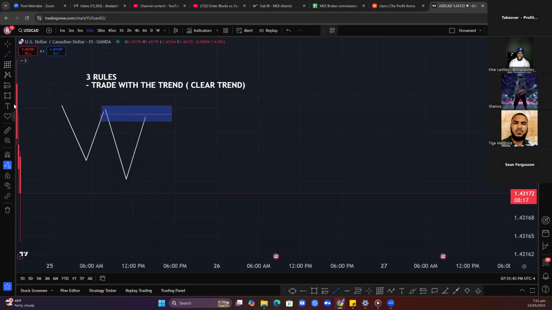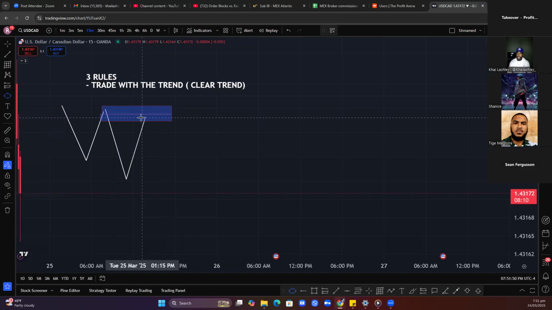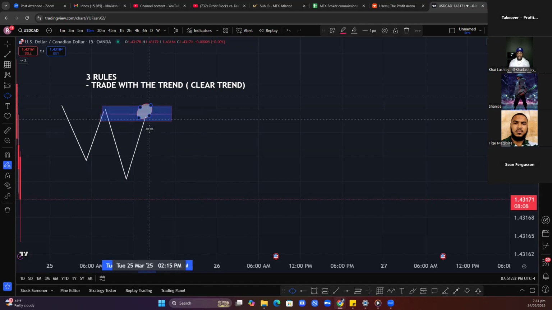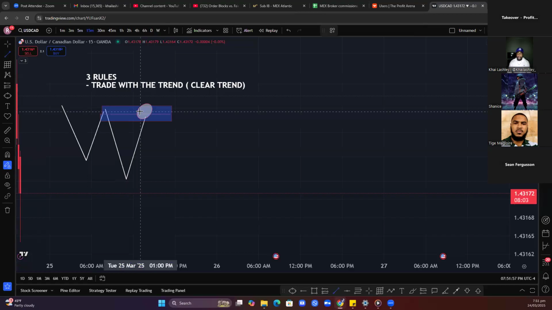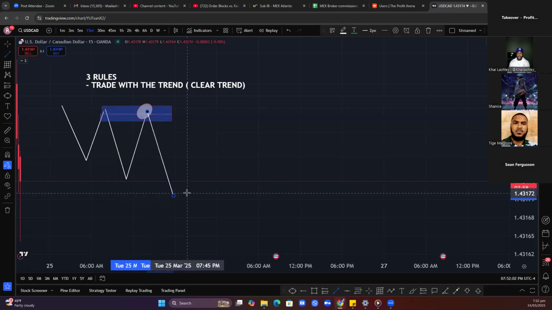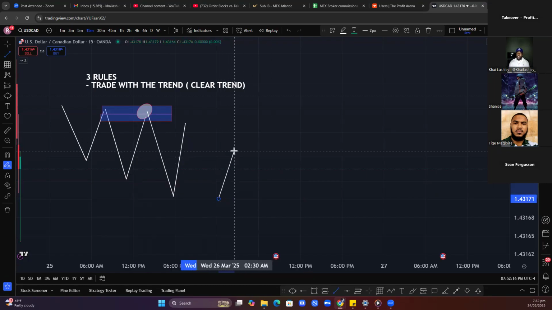Your entries for these types of setups are within these areas. You're looking for price to pull back up into that area right there. Wherever you can see a clear trend and price pulling back within these areas, you know you can go ahead and take the market. If it's an uptrend, the same thing applies.